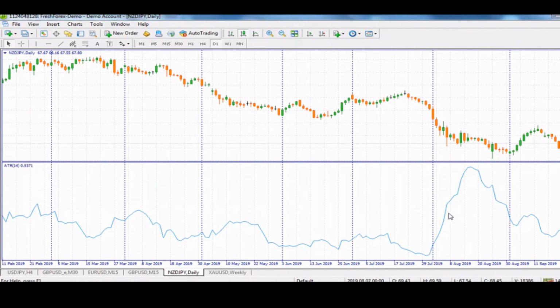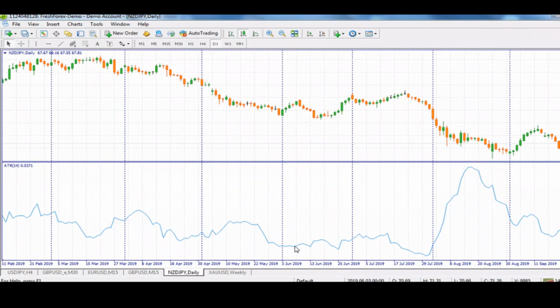The line which you are seeing here is how the average range has been oscillating ever since. From the past, this is what has been happening: a decline in average true range, like this, and currently as I'm speaking, we have price here, around 0.5371, somewhere here.